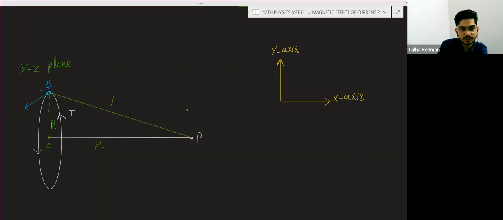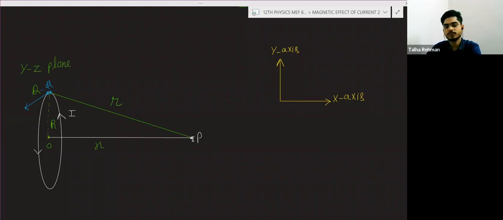I am supposing the distance between this dl and this point P is r, and suppose here is some point Q. You can suppose some point Q is there. So now we want the magnetic field at this point.